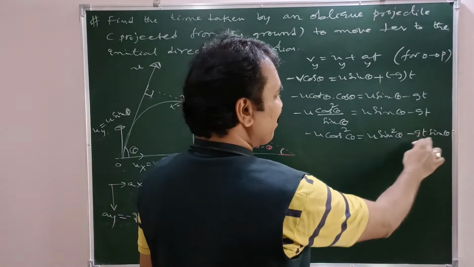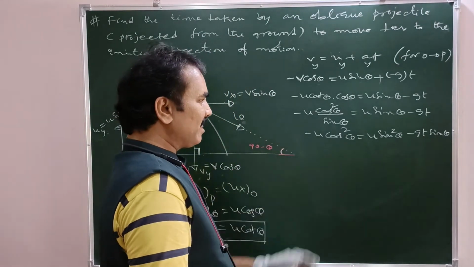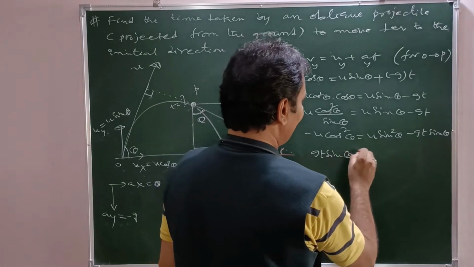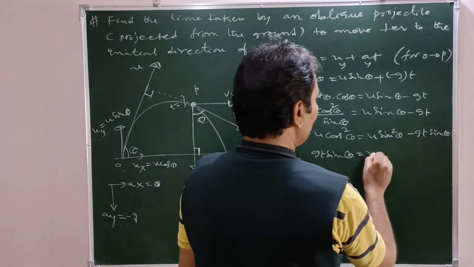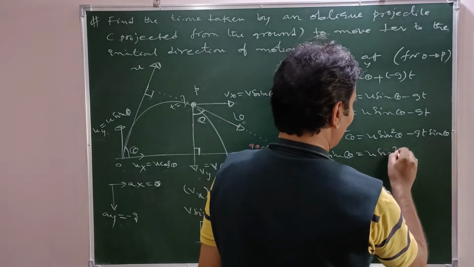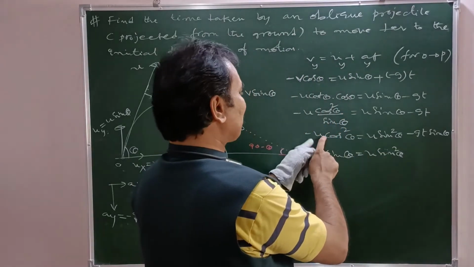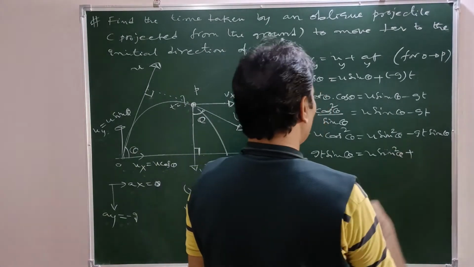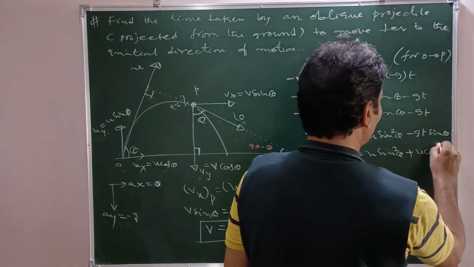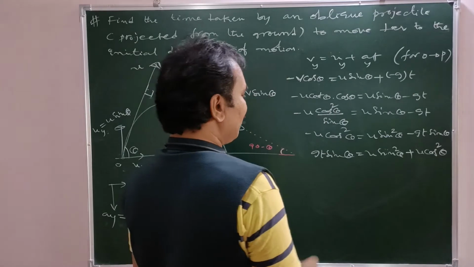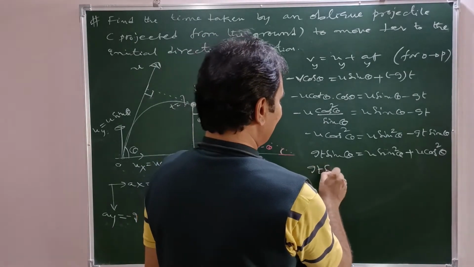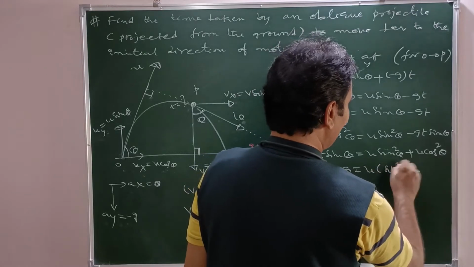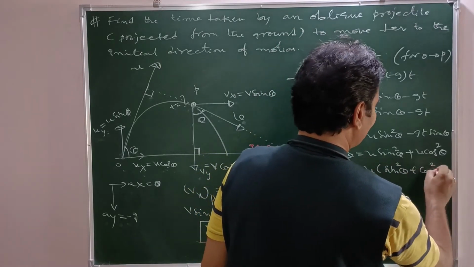Right? Now make gT sin theta the subject. I'm taking this side, it becomes positive, that is gT sin theta equals U sin square theta. Now send this minus U cos square theta onto the RHS, it becomes positive. That is gT sin theta equals U of sin square theta plus cos square theta.